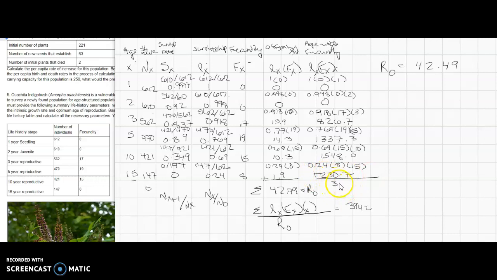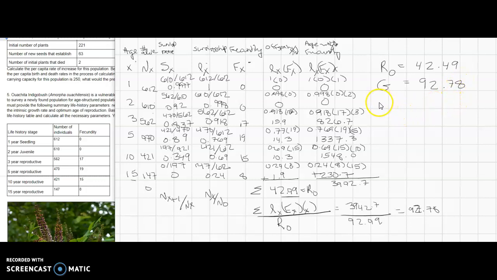So that was 3,942.7, and we're going to divide that by R naught, which we just solved for, 42.49, and that is equal to 92.78. So that's another summary statistic I asked you to calculate. 92.78.